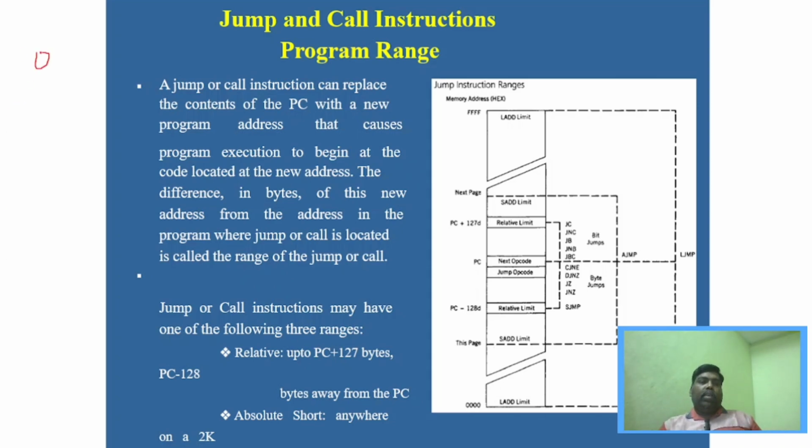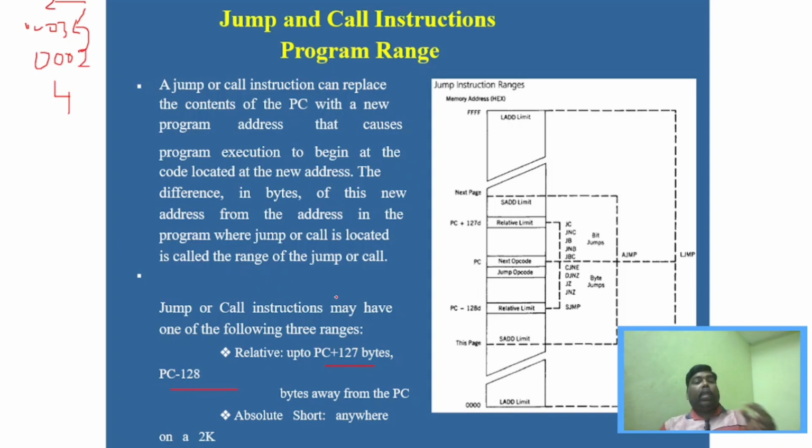Say for example, if your address byte is 0002, and you have an offset value of 4, the program counter will increment to 0003, and from here it will add +4 and go to the address 0007. You remember the relative addressing. So we will use relative addressing or absolute addressing here. And when we use relative addressing, we will use 127 bytes to minus 128 bytes.